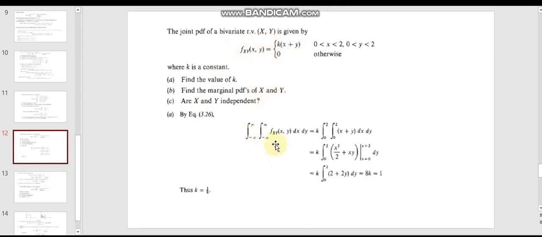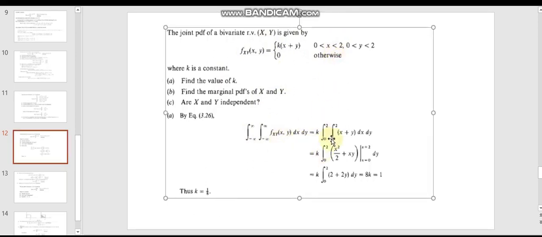So as we integrate it, the limits are from 0 to 2. When we integrate this PDF, eventually I will get 8k equal to 1. So the value of k must be equal to 1 over 8.